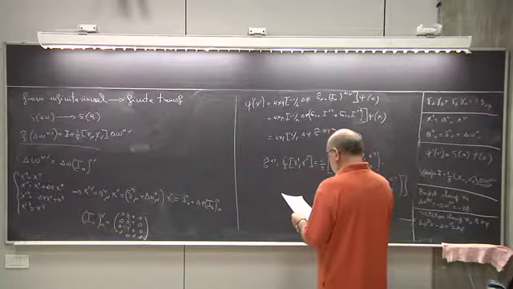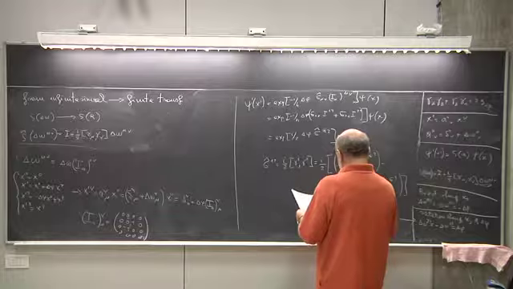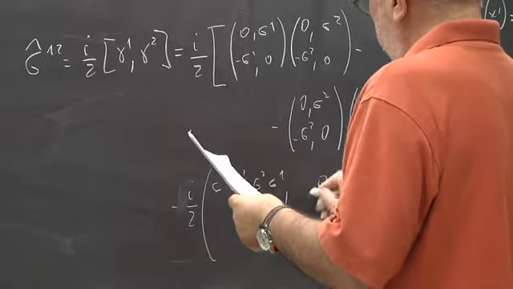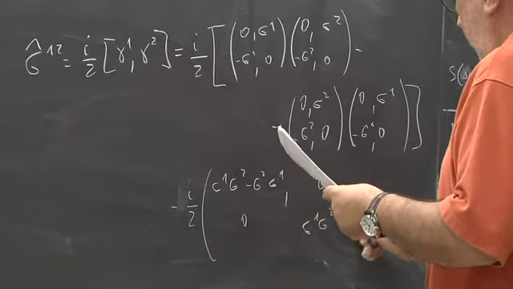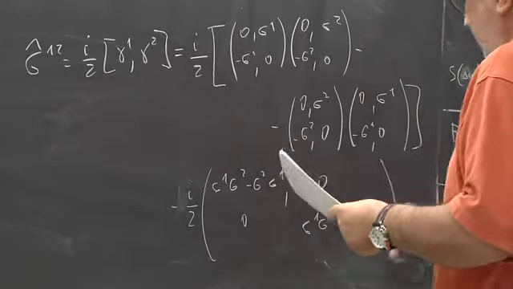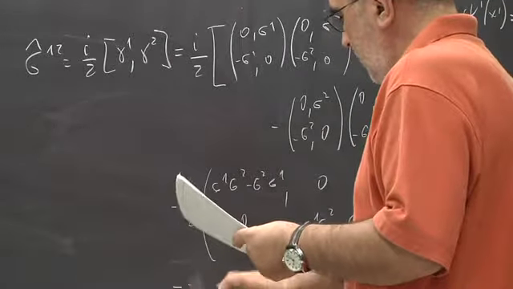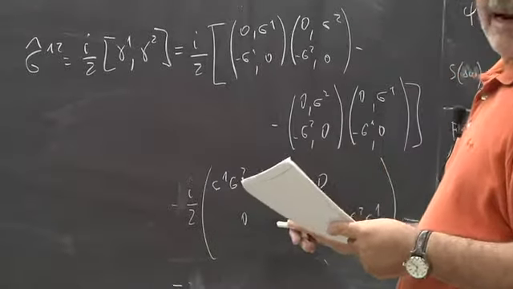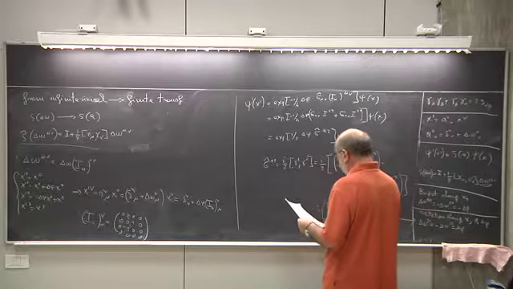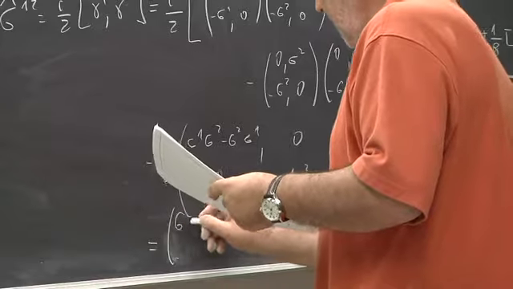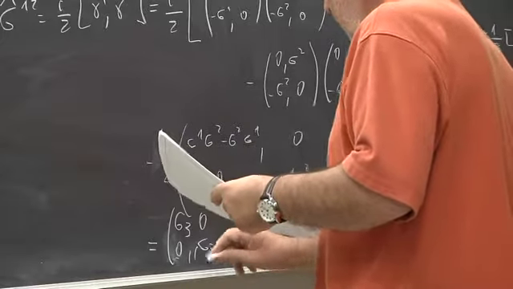We get minus i/2 times σ_1σ_2 minus σ_2σ_1 on the diagonal blocks. This is related to 2iσ_3, so all the terms cancel, you have an i, it becomes a plus, and this becomes σ_3, 0, 0, σ_3.